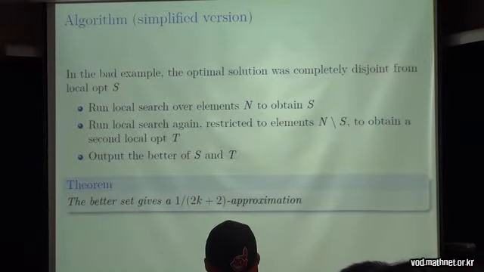I'm going to run the local search just like I described. Then I'm going to run it again on the complementary set from the locally optimal solution. So I take the locally optimal solution, I pull it out. Now I run local search again on what remains. And then I'm going to take the 2 locally optimal solutions and take the better of them. And the better of them actually gives you a constant, within a constant factor of the optimum.